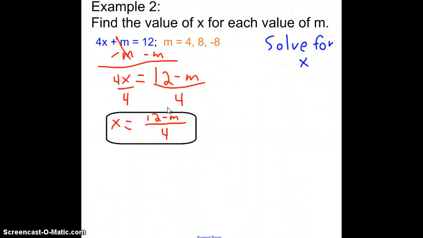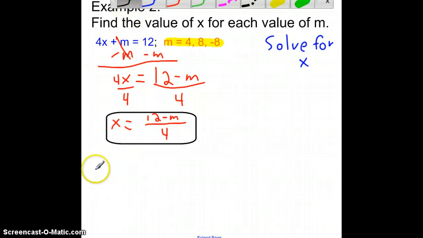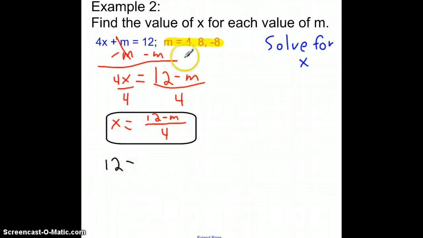Here's where some math will come in. In this case, they're asking us to solve when m equals these numbers. So we actually have 3 problems to calculate here. We would just plug in for m. So we have x equals 12 minus 4 over 4.